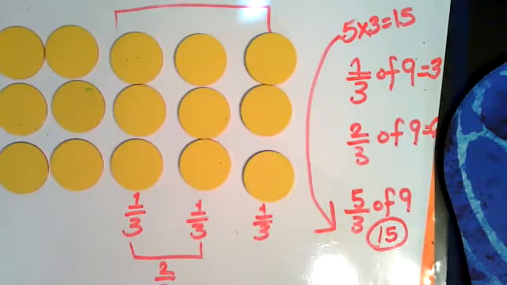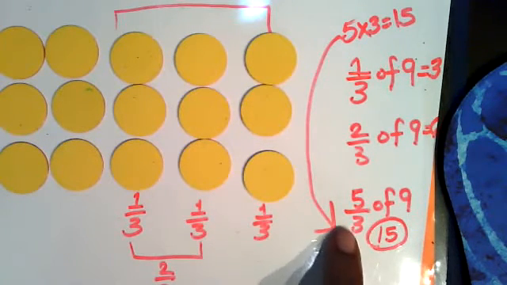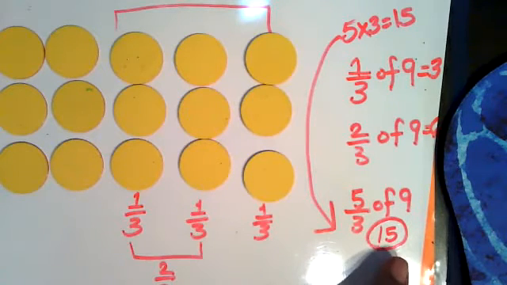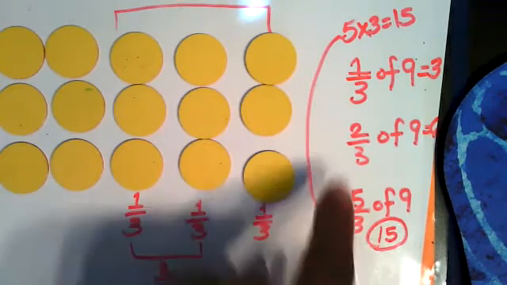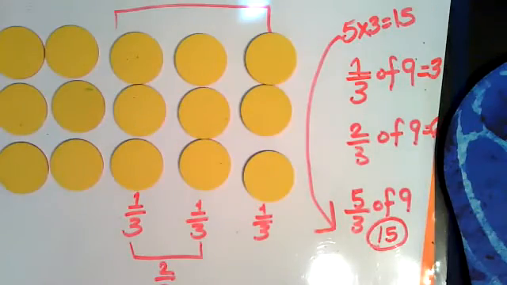So this is what it looks like when you have more than one whole. When you have more than a whole as a fraction, your answer is going to be more than what you started with. When you have less than a whole, your answer is going to be less.